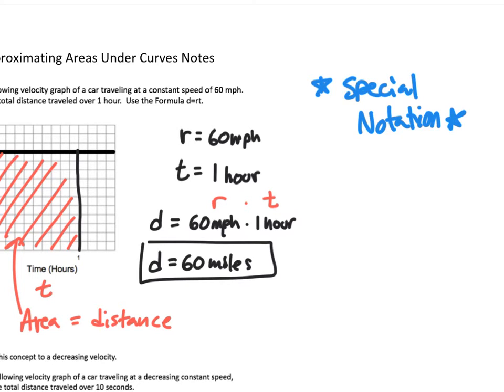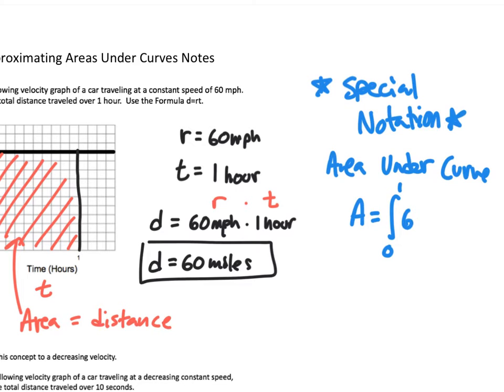The area under the curve, we'll use the word curve even though it's a straight line, is going to equal the integral between 0 and 1 of 60 dt.